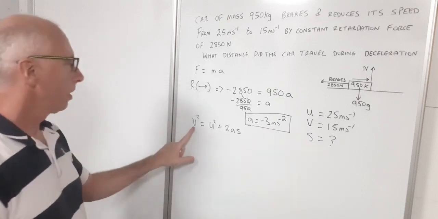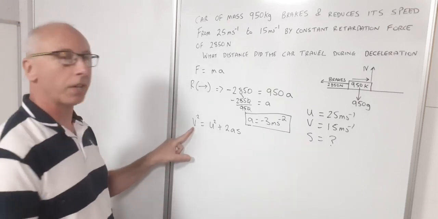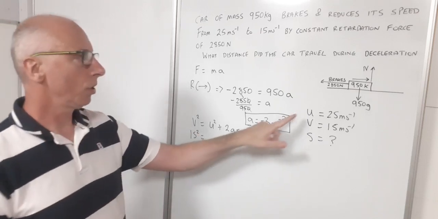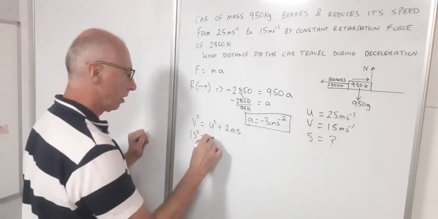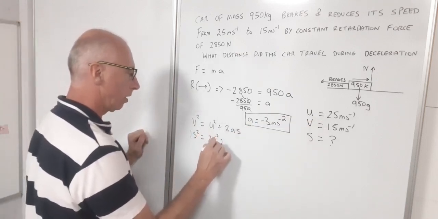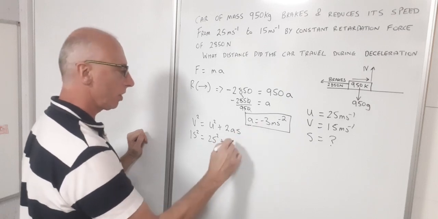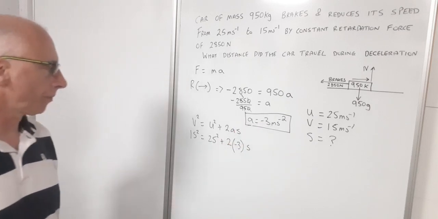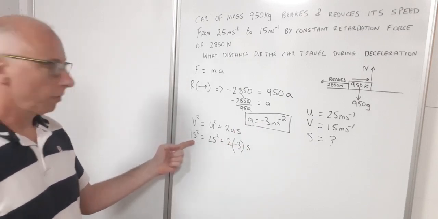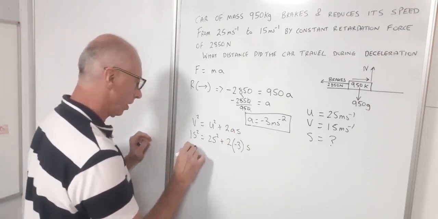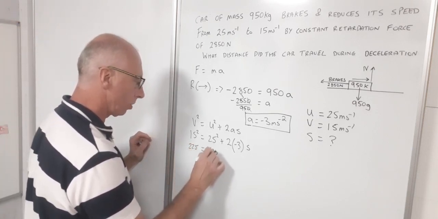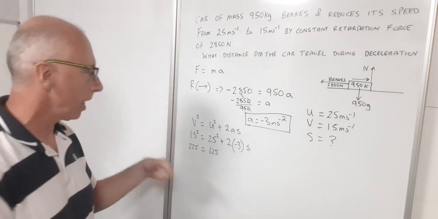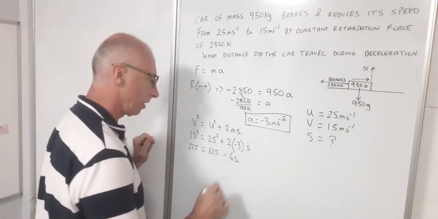So v is our final velocity, which is 15, so 15 squared. u is 25, so that's 25 squared, plus 2 times our acceleration, which is minus 3, times s. Okay, well 15 squared is 225. 25 squared is 625. And then 2 times minus 3 is minus 6, times s. So we've got minus 6s.